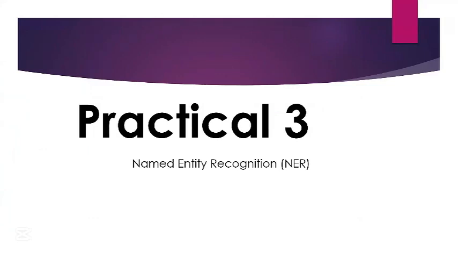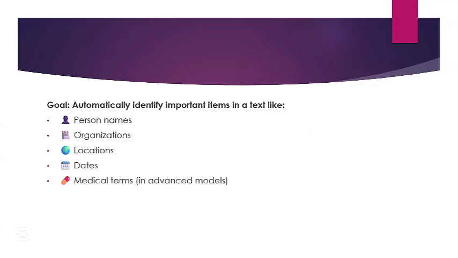So in this case, from the paragraph or maybe from the given sentence, I'm going to identify some key items like names, organizations, then locations, then dates, then medical terms, right? So these are a couple of items I'm going to identify in this practical.